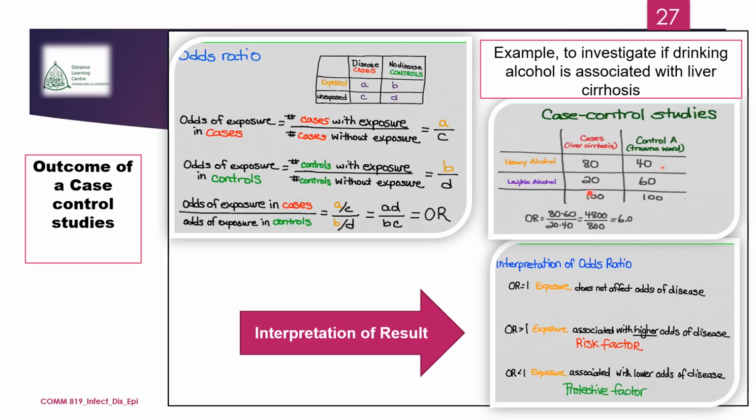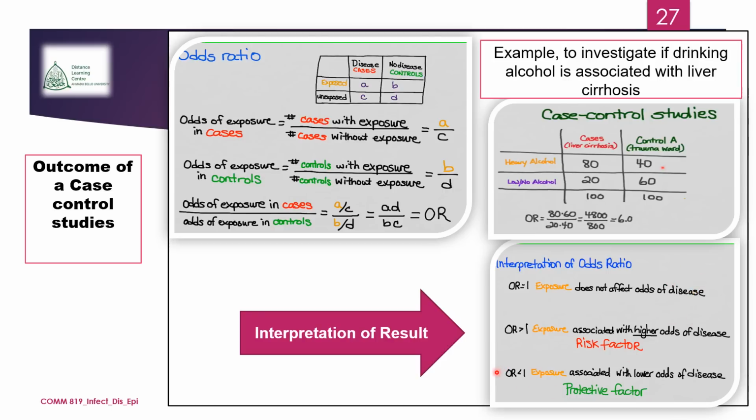So what's the implication of this value, 6.0? Remember the table I gave earlier for interpretation of the odds ratio. If the odds ratio is greater than 1, we say the association is higher and that constitutes a risk factor. If the odds ratio is equal to 1, the exposure does not affect the disease outcome.